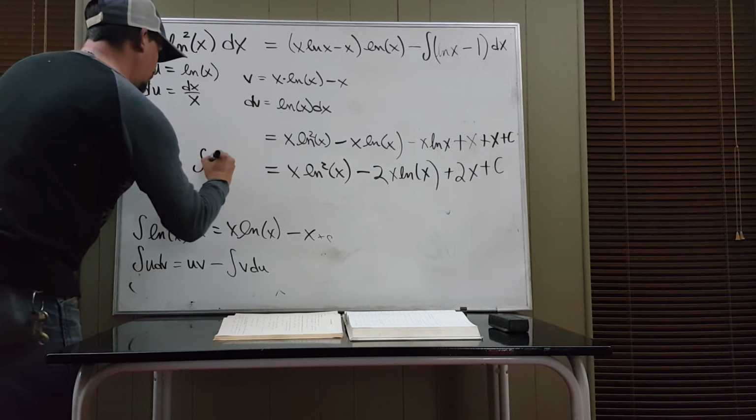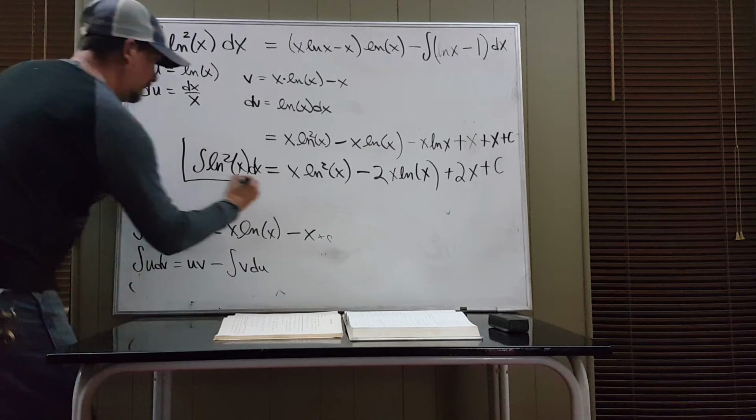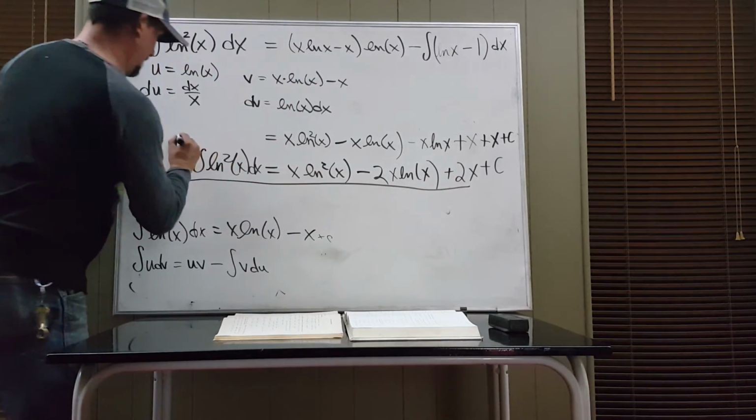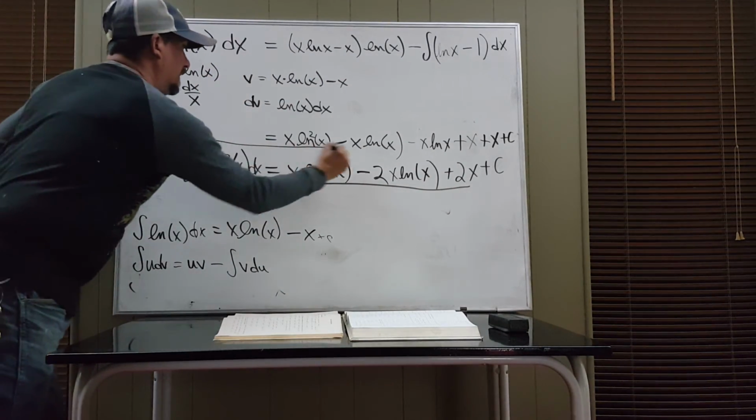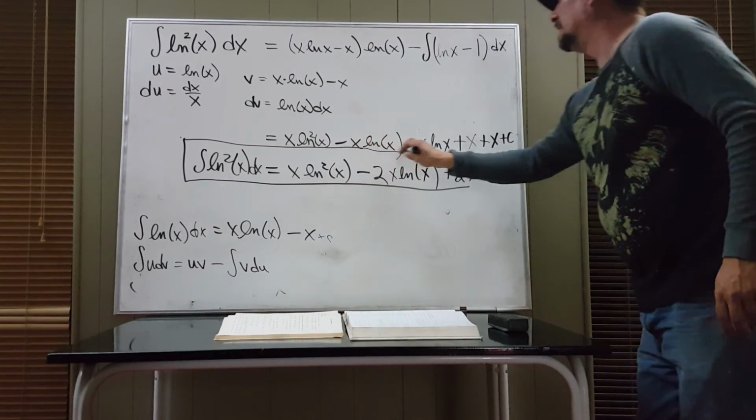So this is going to be the integral of the natural log of x squared, and let me box this. And this is a brief example of integration by parts.